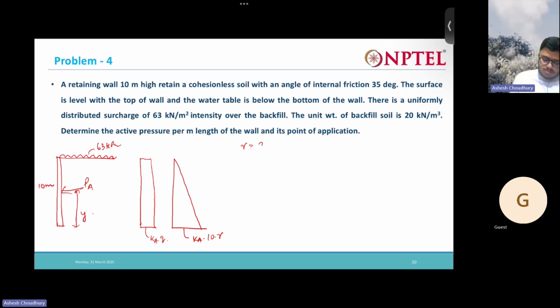So my gamma is 20. Ka is similar to the previous problem, 35 degrees, so 0.271.